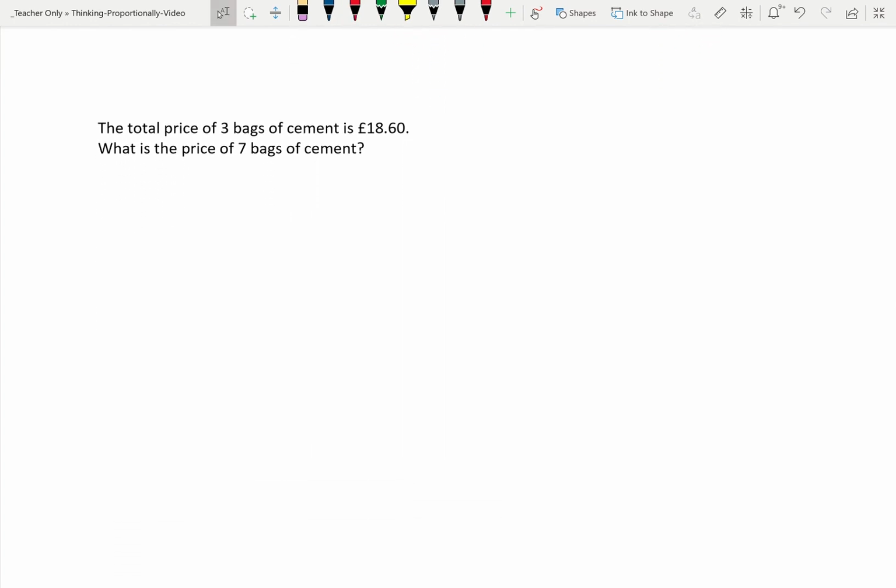So if we start to think of this in problems, the total price of 3 bags of cement is £18.60. I've got 3 bags, but I want 7 bags. Thinking proportionally. Proportionally, how many more bags do we want?